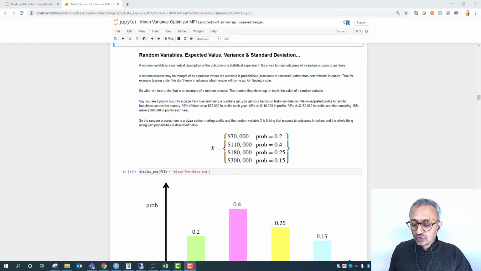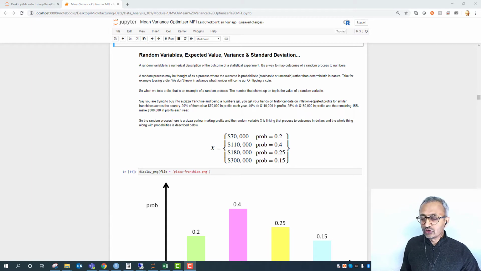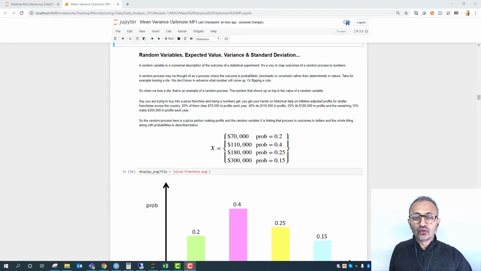So you always want to account for inflation whenever we are looking at historical data. A dollar in 1950 is not the same as a dollar today, because the amount of stuff the dollar could have bought in 1950 is different than the amount of stuff it buys today. That's because of inflation.